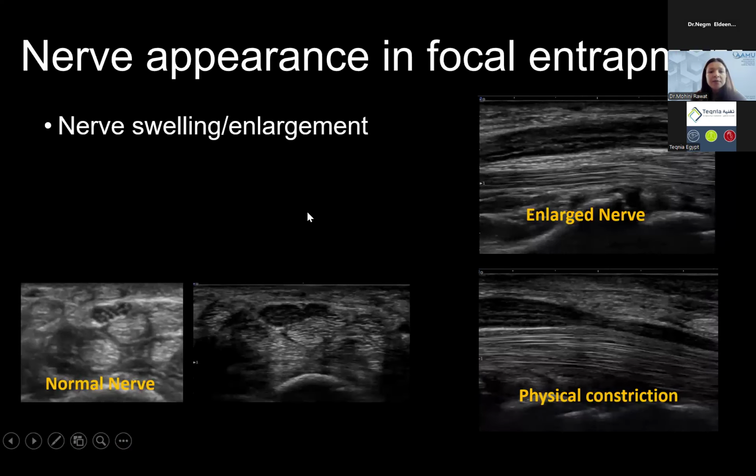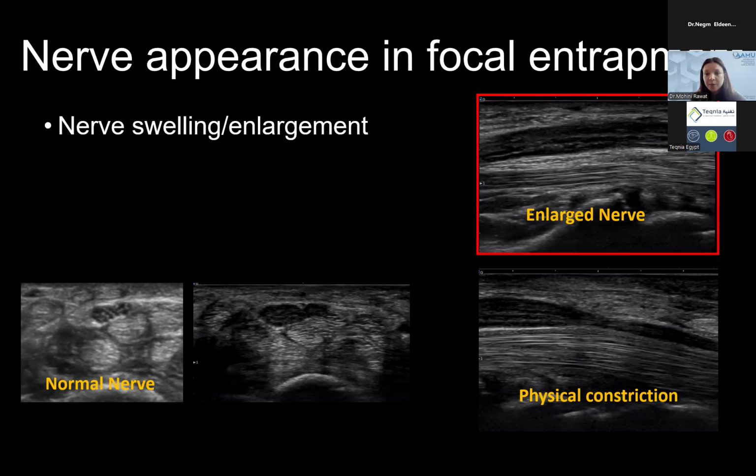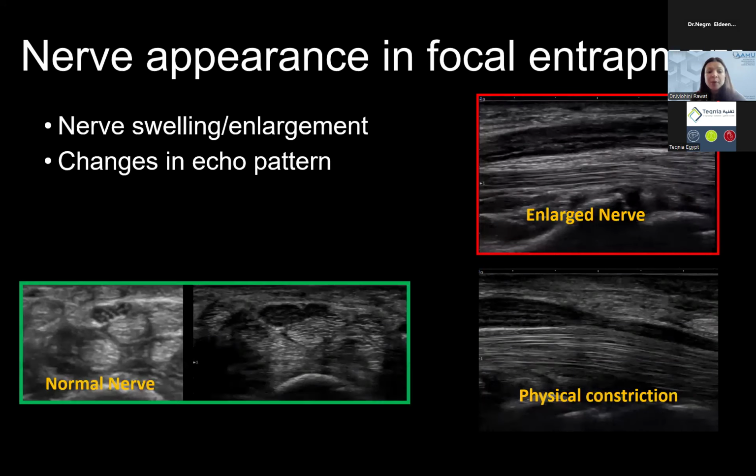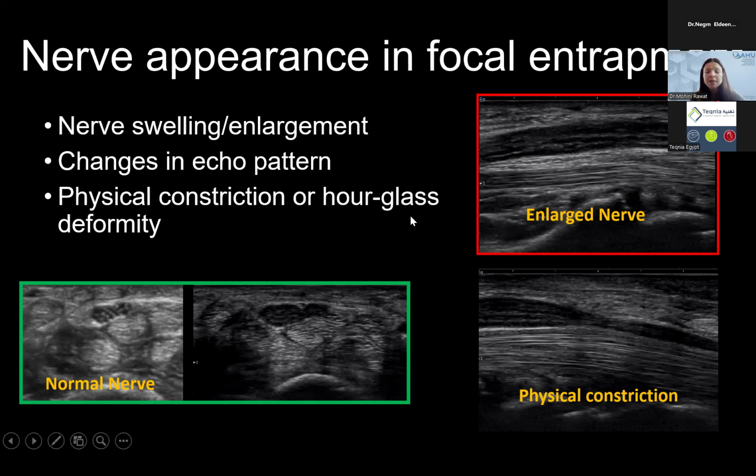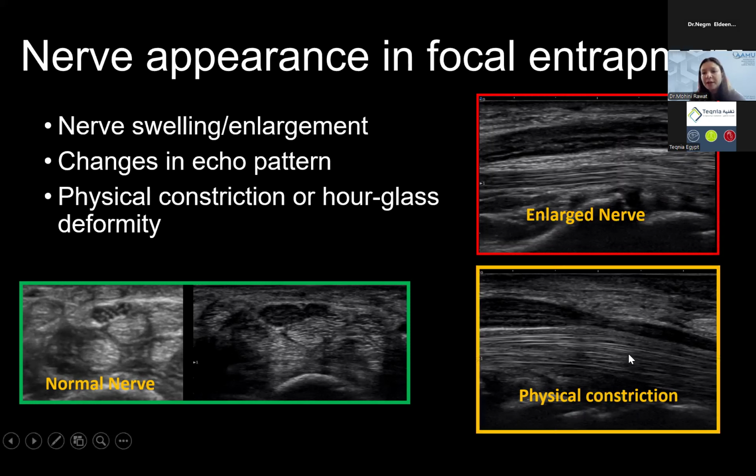In summary, we see nerve enlargement. The nerve becomes large at the site of compression, proximal to the constriction site. We see a change in echo pattern, which we see in this image right here. The echo pattern is not preserved. And we see physical constriction or hourglass deformity, sometimes called flattening of the nerve.